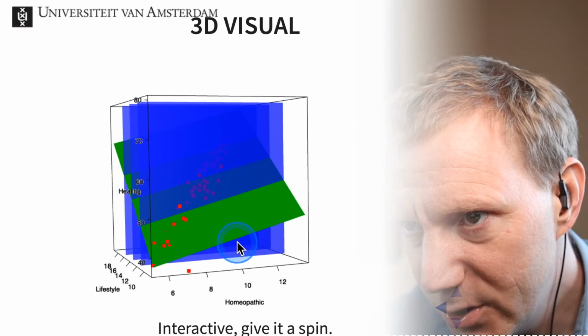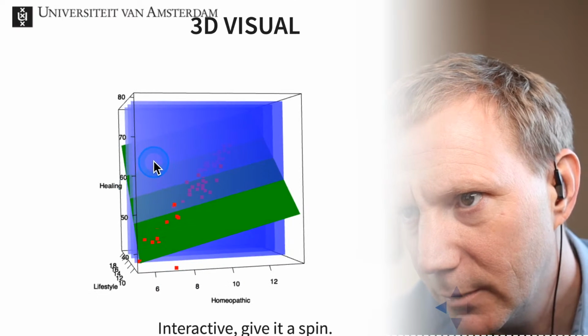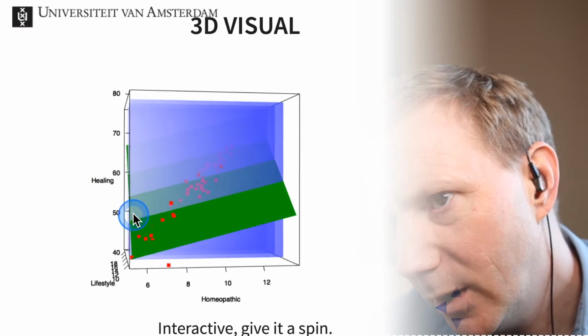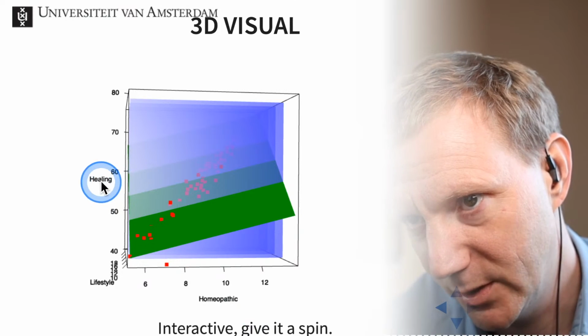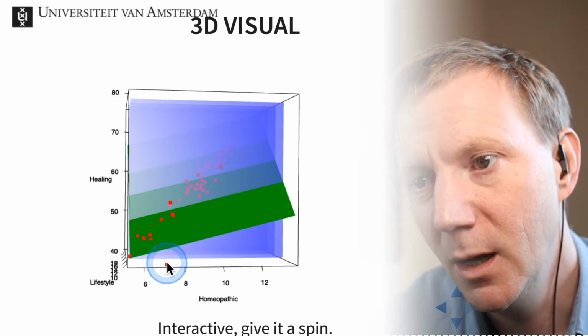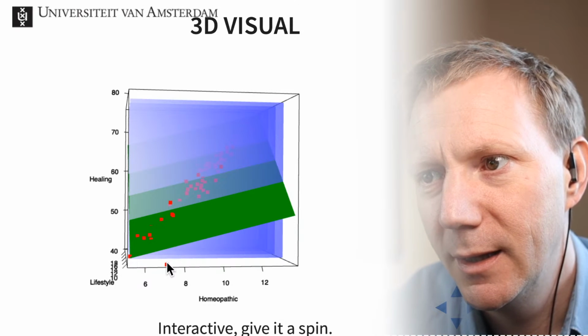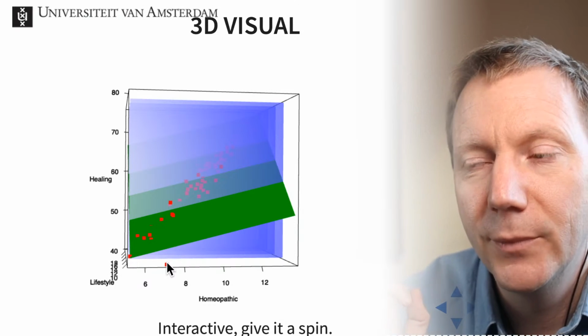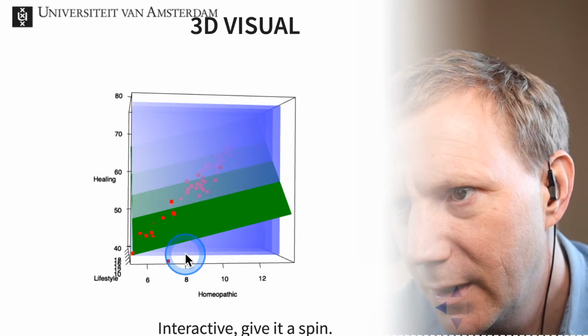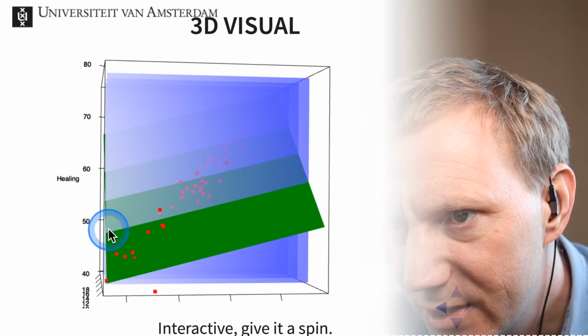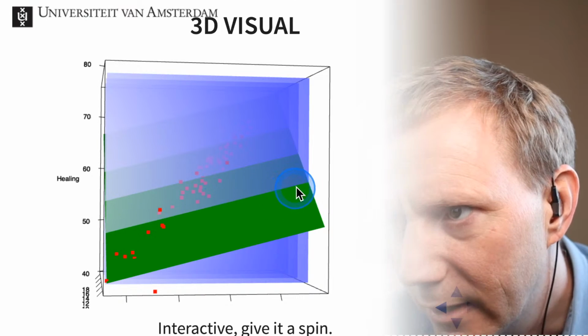The green plane is the regression plane for this multiple regression. And what you see is that the relation between homeopathic substance use and the speed of healing, while taking the healthy lifestyle into consideration, is this line.